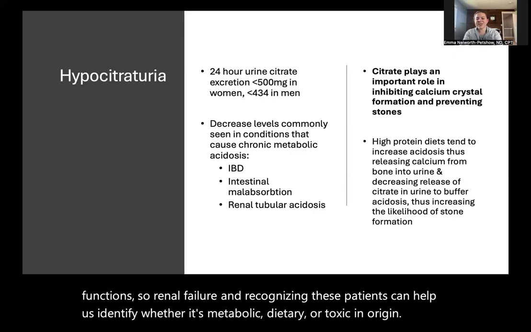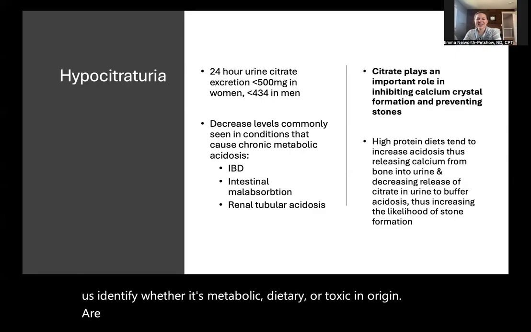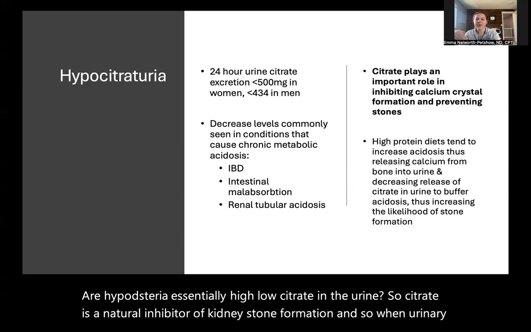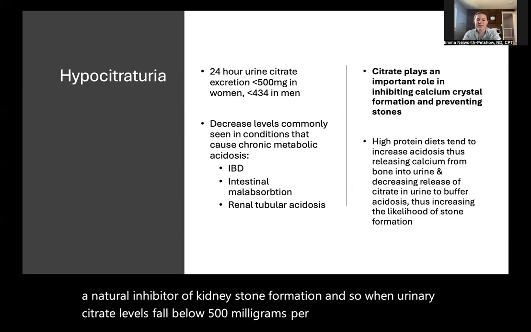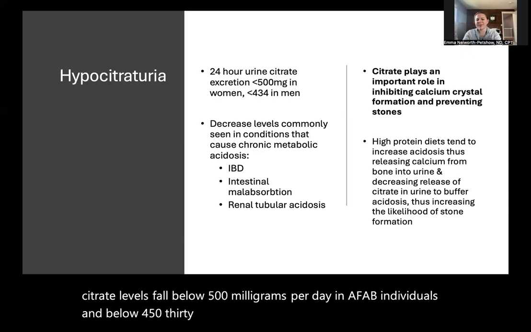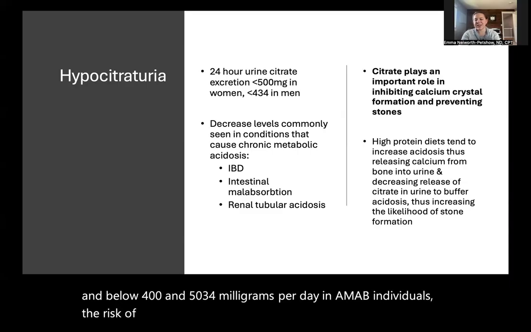Next, hypocitraturia, essentially low citrate in the urine. Citrate is a natural inhibitor of kidney stone formation. So when urinary citrate levels fall below 500 milligrams per day in AFAB individuals and below 434 milligrams per day in AMAB individuals, the risk of calcium-based stones is going to increase.